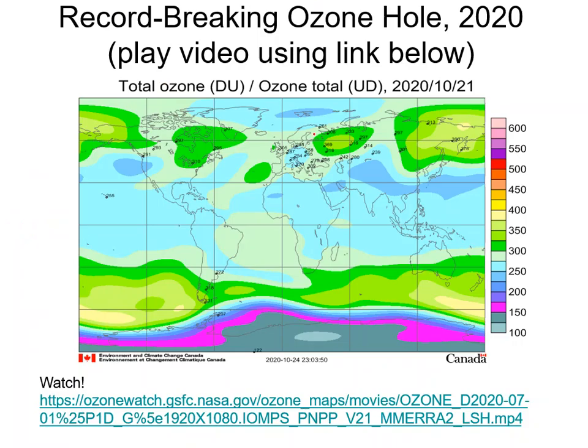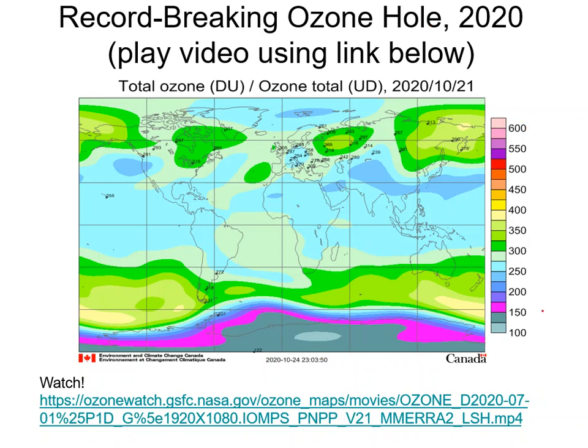So here's just a quick image. Actually, last year, 2020, we had documented a record-breaking ozone thinning. It's not really a hole, it's just a thinning of the ozone layer above Antarctica.